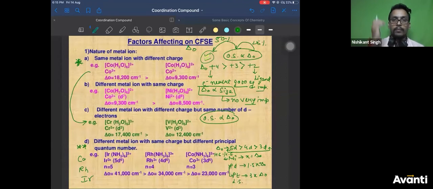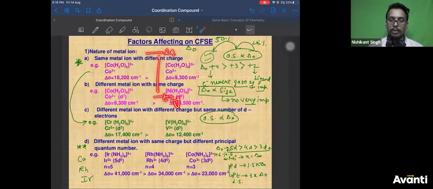First point again, Chetan, nothing beta. As you increase the oxidation state, your delta O value increases. Delta O value increases means the gap between T2G and EG increases. So the electron cannot go to EG if the gap increases. Therefore, in +2 the ligand decides.